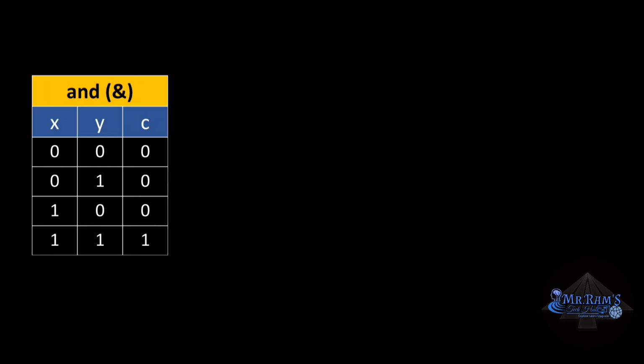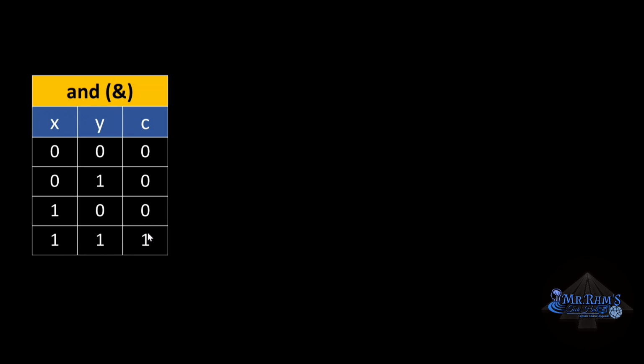Suppose this is the AND operation. x and y are the inputs and c is the final result. If x is 0 and y is 0, then the result c is also 0. Here 0 and 1 are nothing but false and true: 0 is false, 1 is true. If both inputs are false, the output is also false with the AND operation. If both conditions are true, then only the result will be true.